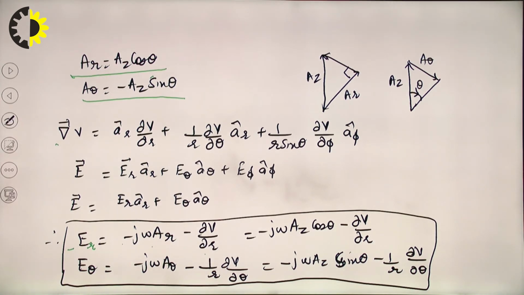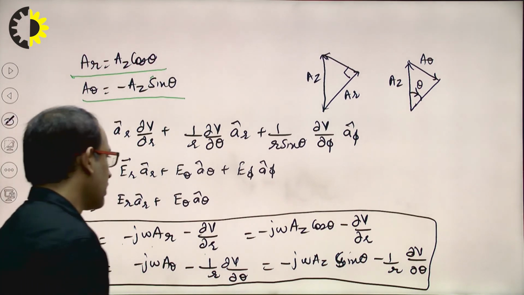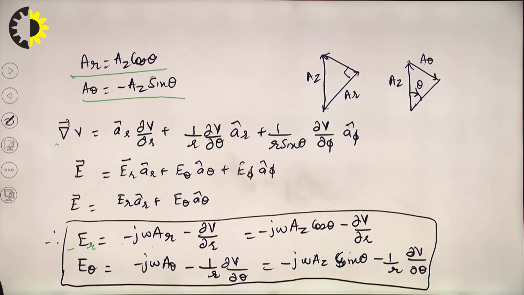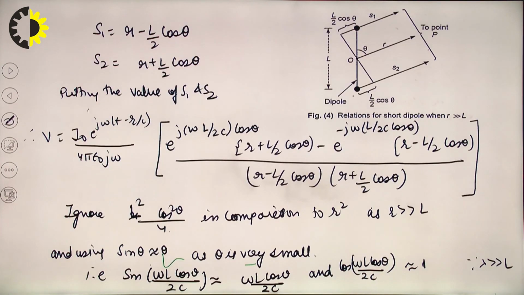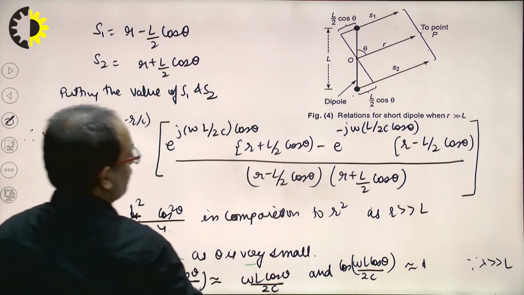Clear? The E phi component will be 0, because the potential V is independent of phi.